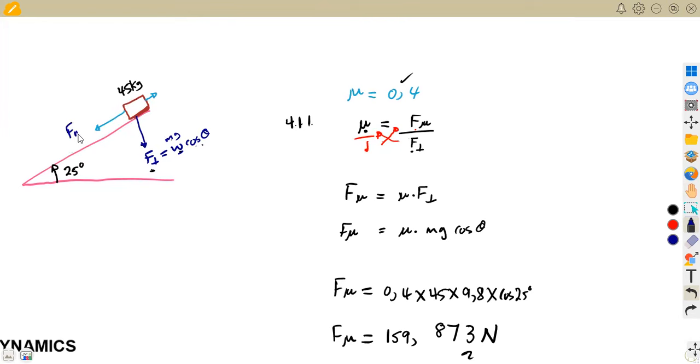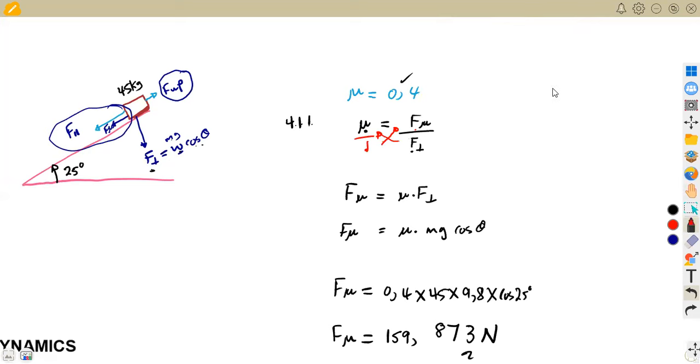As this object is going up, it is being affected by the parallel component to the plane, and also affected by the frictional force, because the frictional force is opposing, since we are going up. So it is going to be opposed down.